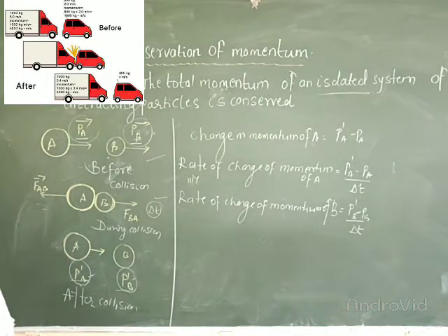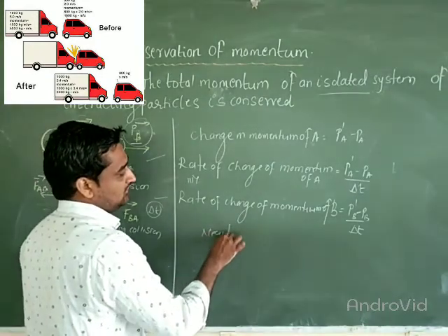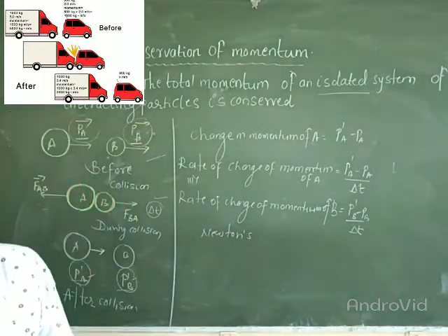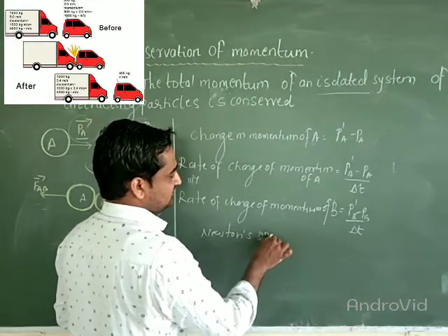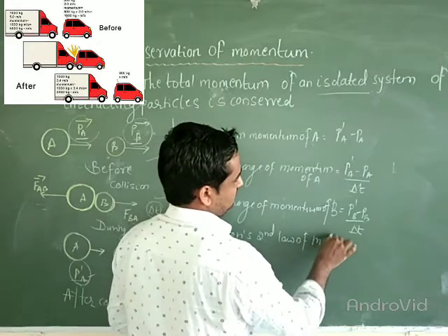Therefore according to Newton's second law of motion, what we can write here? The rate of change of momentum, and you have to consider Newton's third law of motion also.